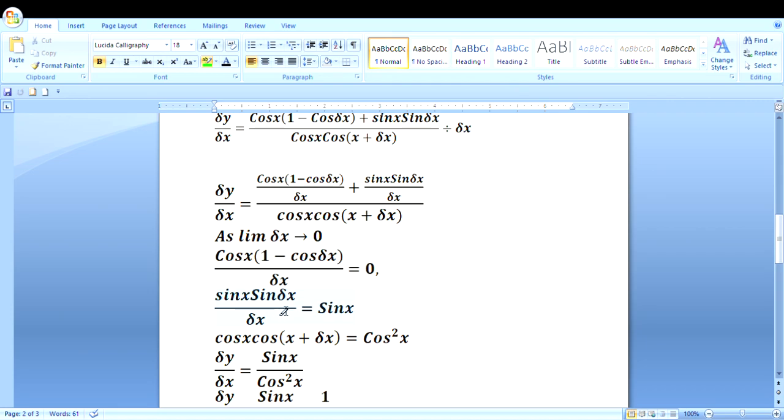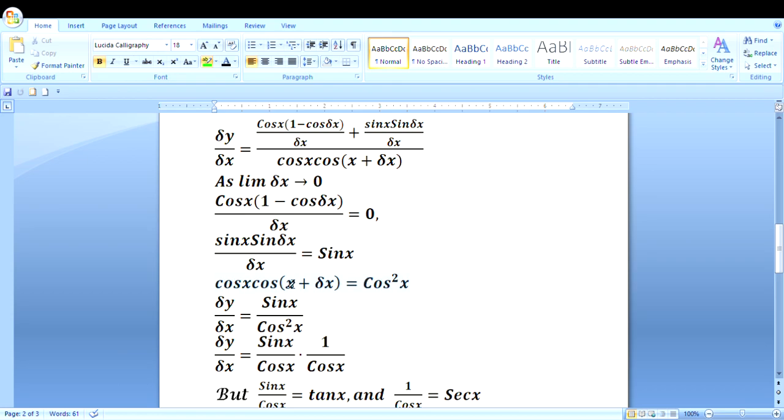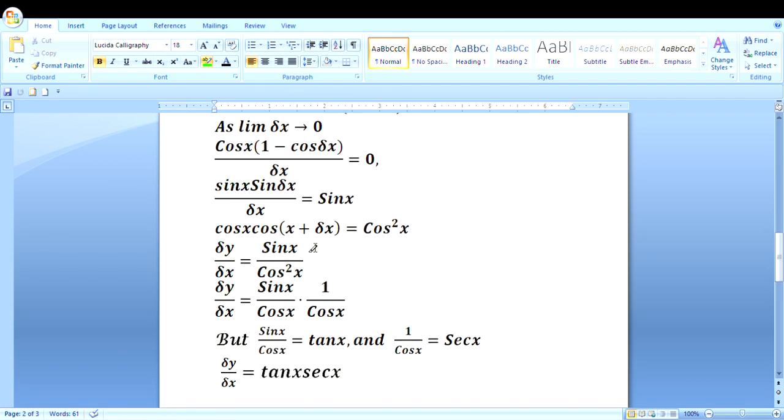But the limit as delta x tends to 0 of sin x sin delta x over delta x is simply sin x, because the limit of sin delta x over delta x as it tends to 0 is exactly 1 from trigonometry. So this becomes sin x. Now from here, if we put 0 here, this will become cos x cos x, so that the denominator becomes cos squared x.